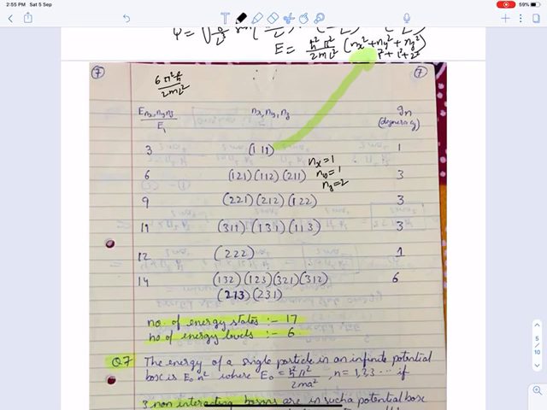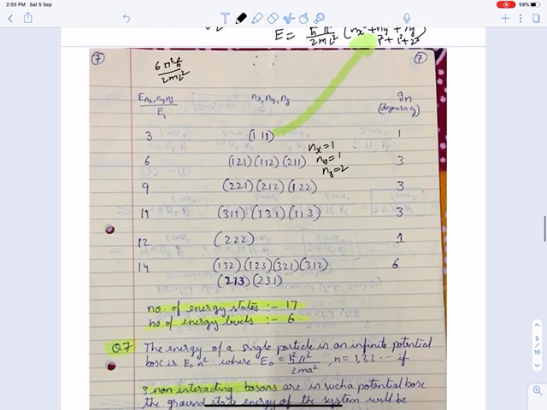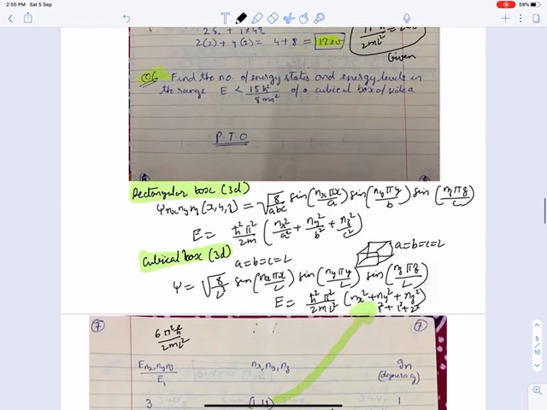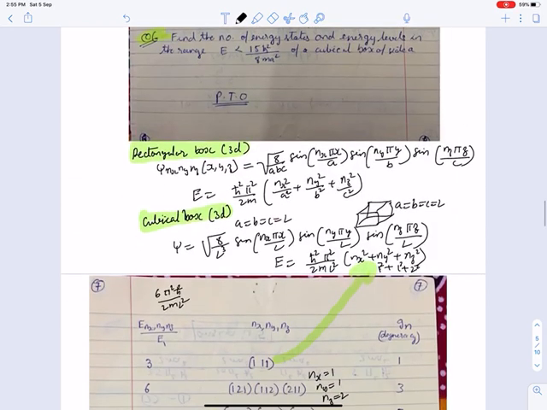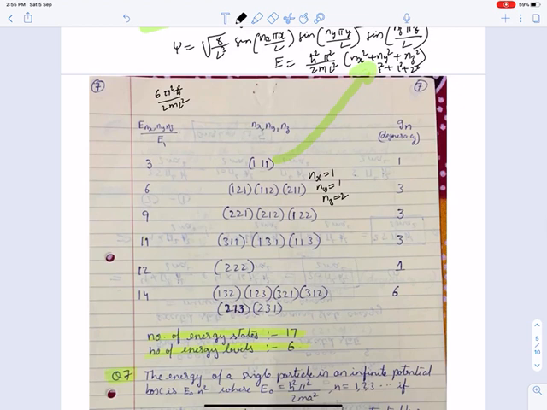So you have to calculate up to when you are sure that you have less than this value. When the energy level becomes above this, you have to stop there, and then you will count the states and get the number of energy states.